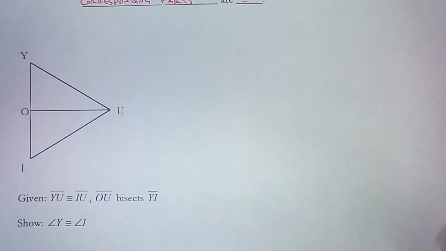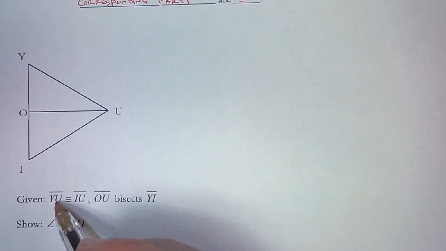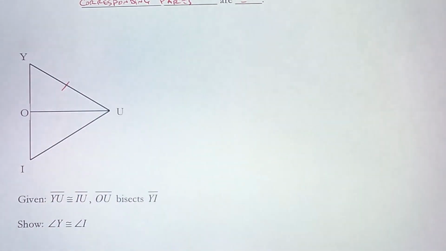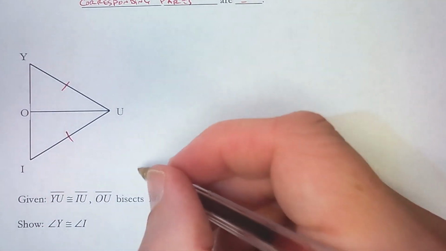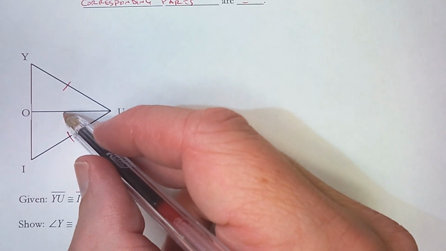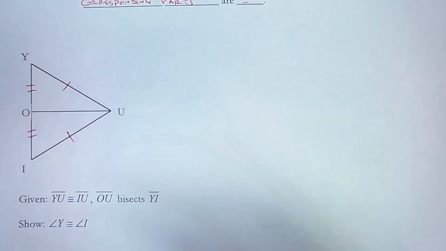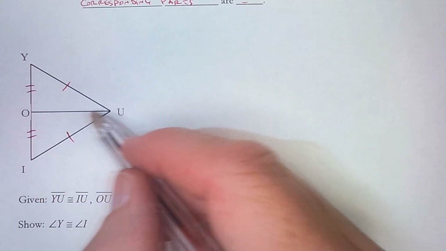So what we are given is that segment YU is congruent to segment IU, and that segment OU bisects segment YI. So segment YI is cut in half by OU, and since YI is bisected, I know that those parts there, YO and IO, are congruent. Now I also have a shared side.